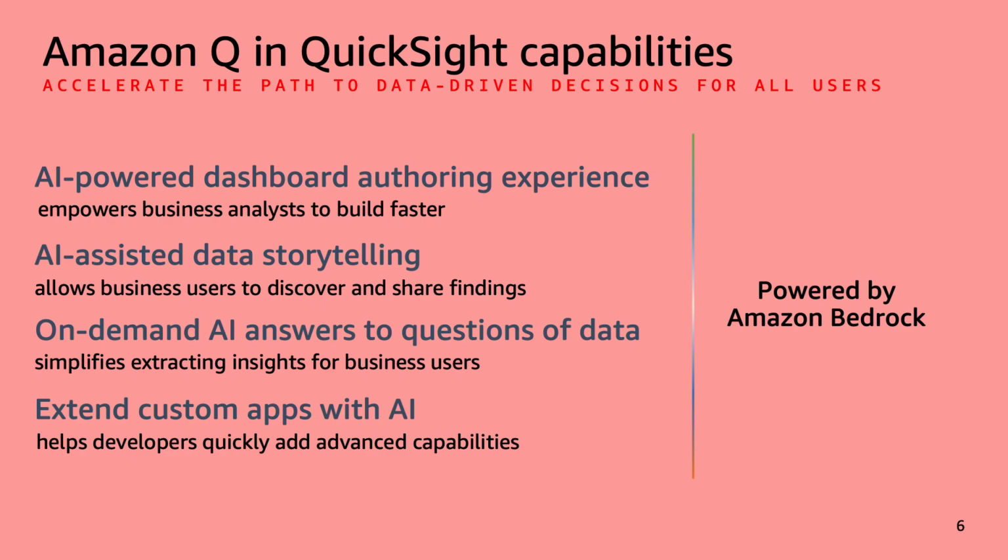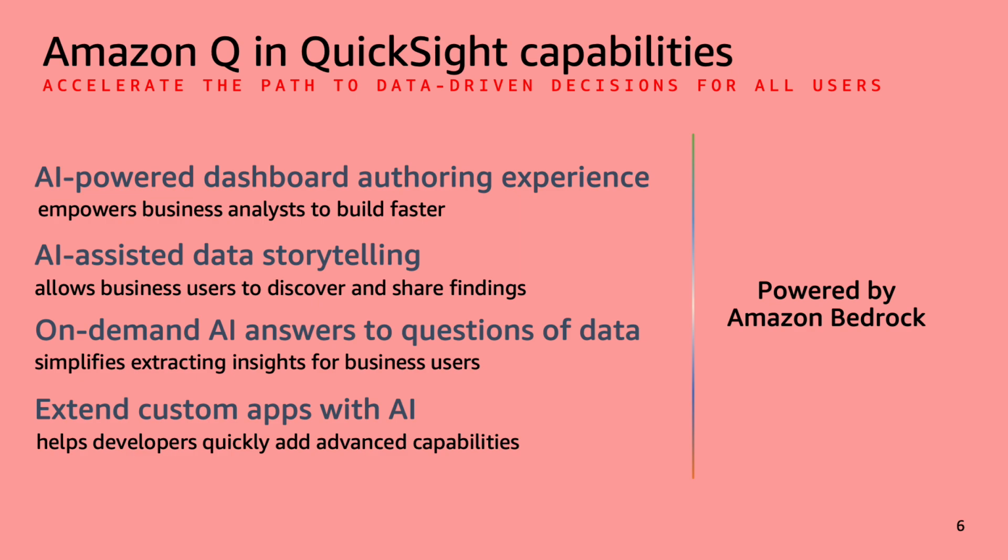Another thing is automated report writing. It generates draft reports or presentations based on dashboard content, and it adapts the narrative as users interact with the dashboard, providing real-time context. It also intelligently ranks and presents the most important findings from the data.